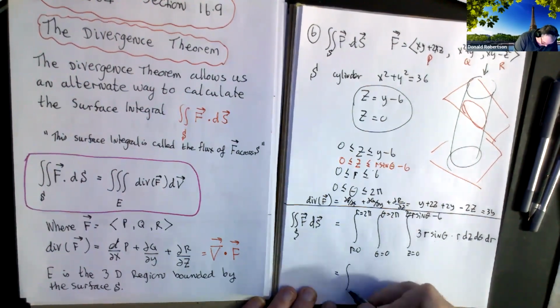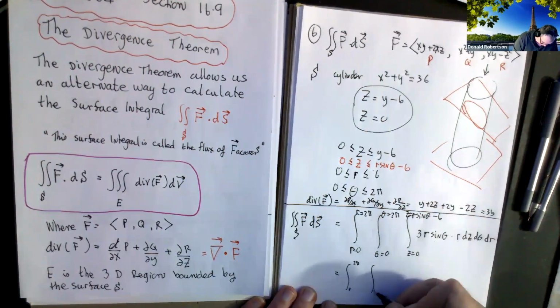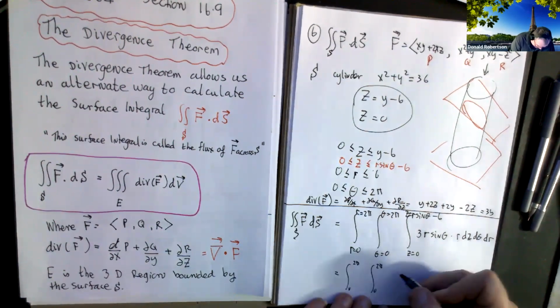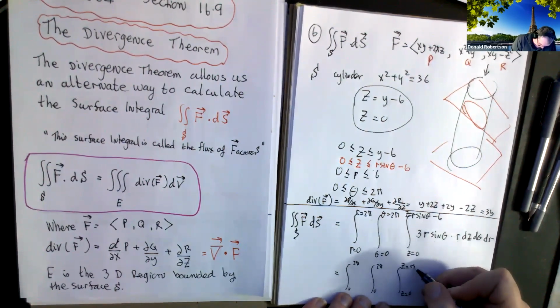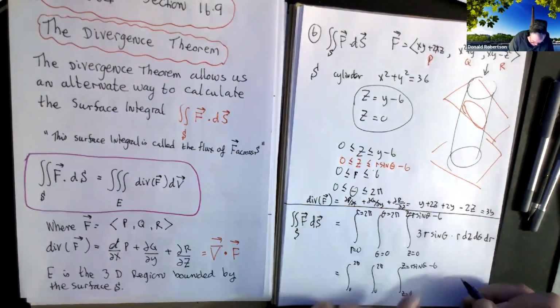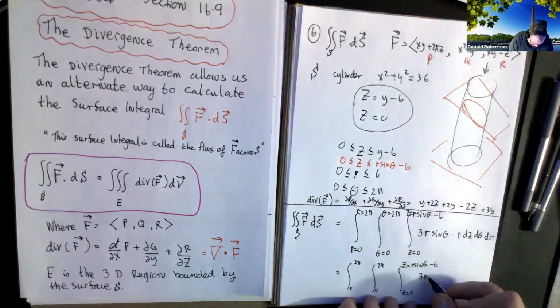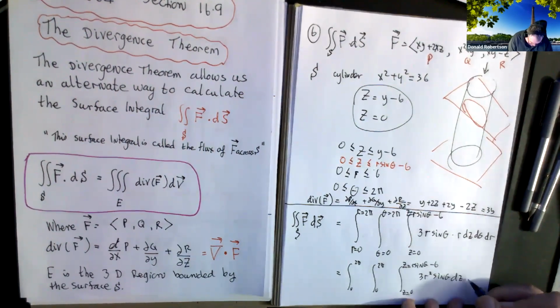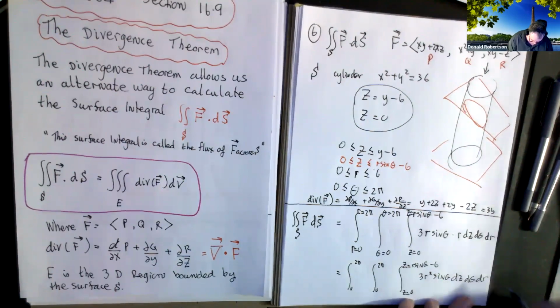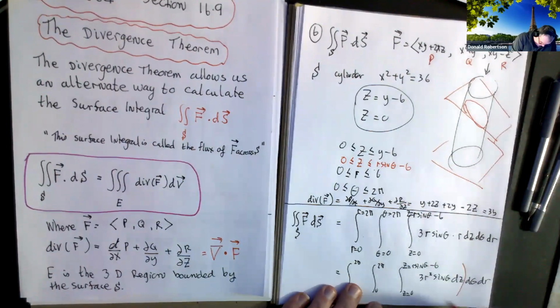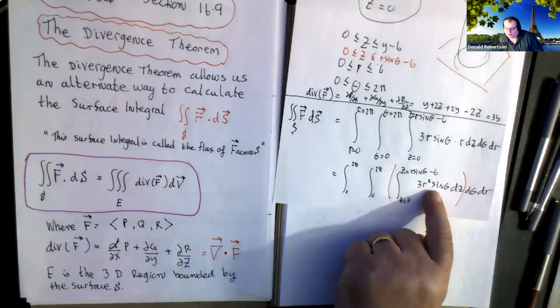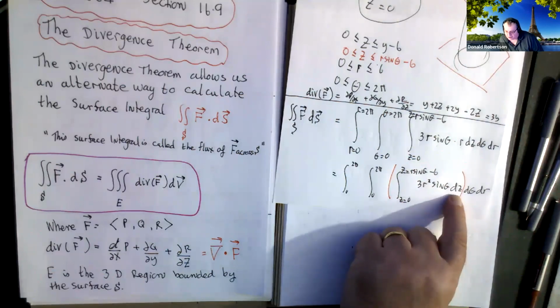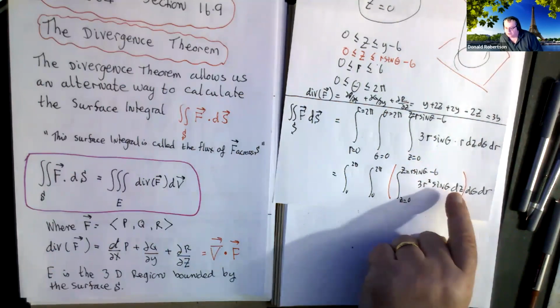Let's just tidy it up a little bit before we finish it. This mess becomes 3r squared sine theta, dz, d theta, dr. When you integrate this expression with respect to z, all you're going to get is this guy times z.